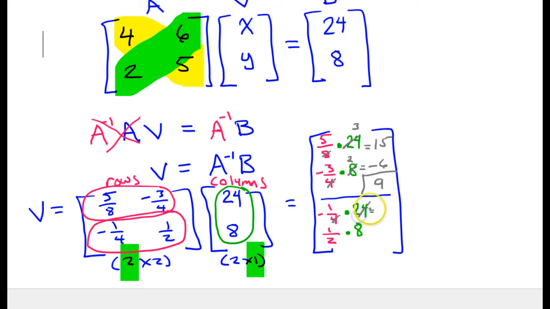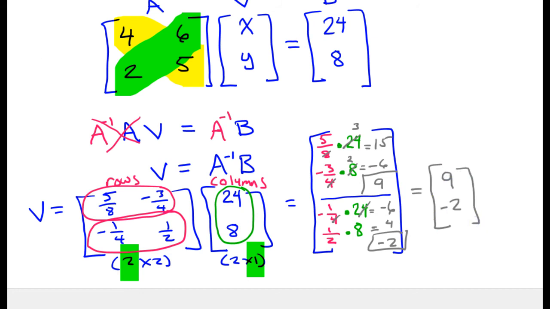4 goes into 24 6 times, so this is going to be -6. And of course half of 8 is 4. Add those up and that's going to be -2. So my variable matrix V, which is what we were finding, turns out to be 9 and -2.